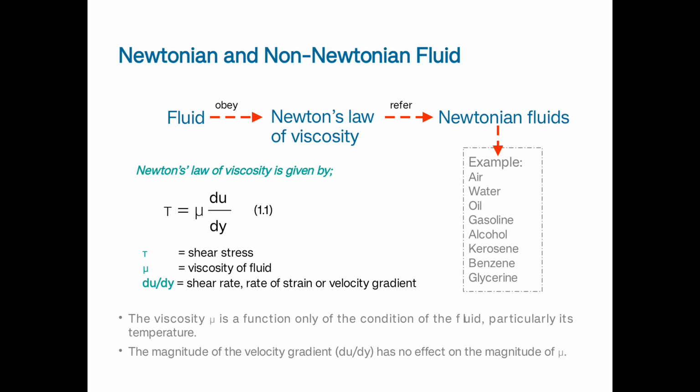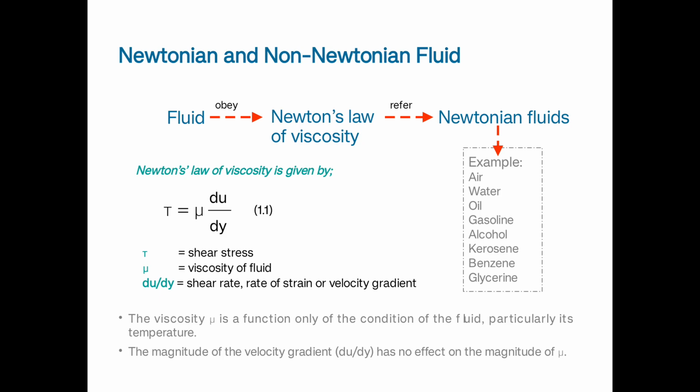That is why viscosity is a function only of the condition of the fluid, particularly its temperature. Whenever the temperature of a fluid changes, viscosity definitely changes. Likewise, for gases, the change in volume is affected by the temperature.